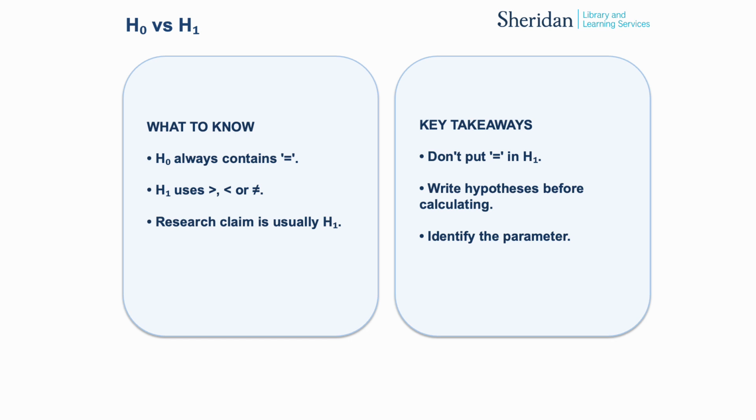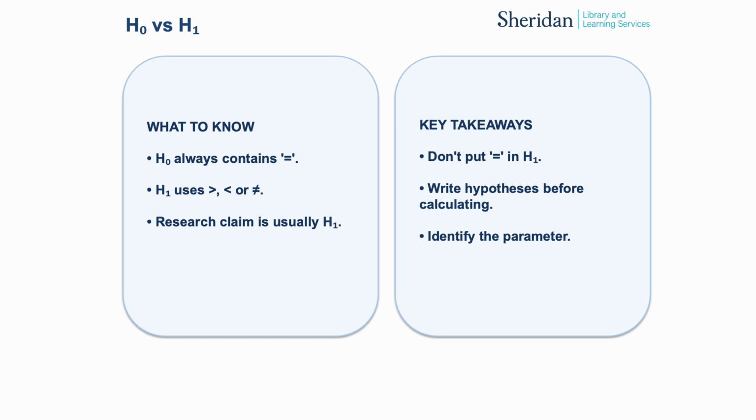The null hypothesis represents the current belief or the status quo. It's the statement that we assume is true before looking at the sample data. One simple rule I always recommend remembering is that the null hypothesis always contains an equal sign. In other words, H0 always includes equals, less than or equal to, or greater than or equal to. That's because H0 represents a specific claim about the population.